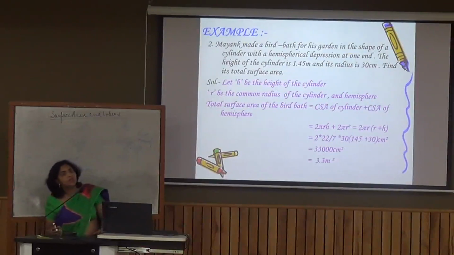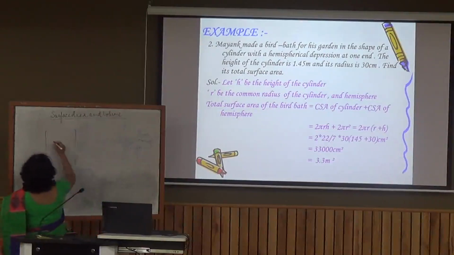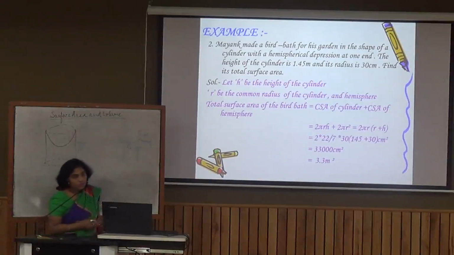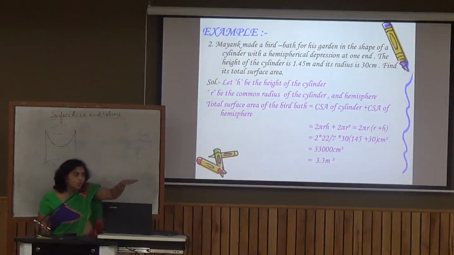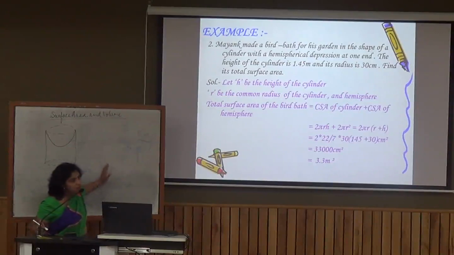Mayank made a bird bath for his garden in the shape of a cylinder with a hemispherical depression at one end. So this is the kind of figure we have for this question. So there is a cylinder and a hemispherical depression. Now in the cylinder there is no flat surface on the top, but there is a hemispherical depression, and we have to calculate the total surface area of this bird bath.